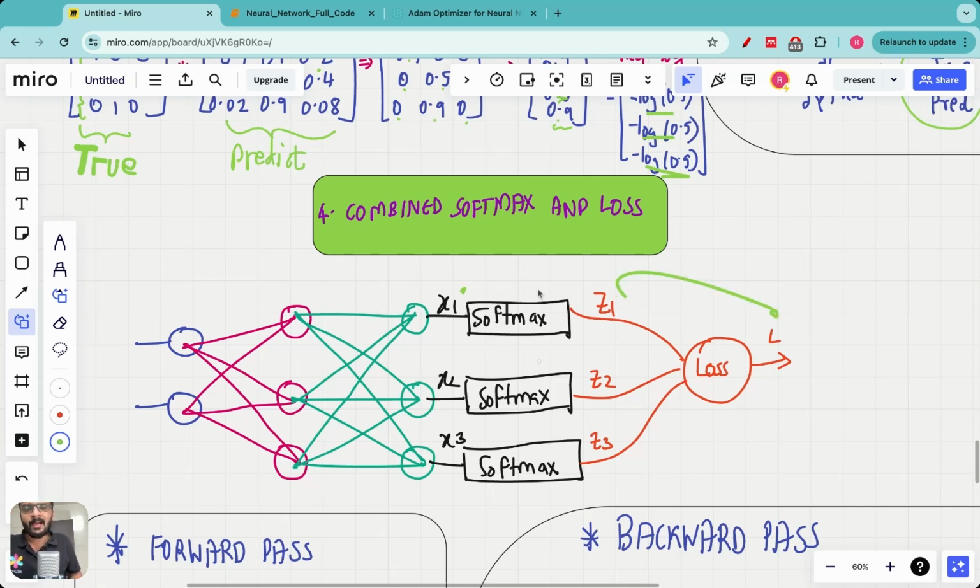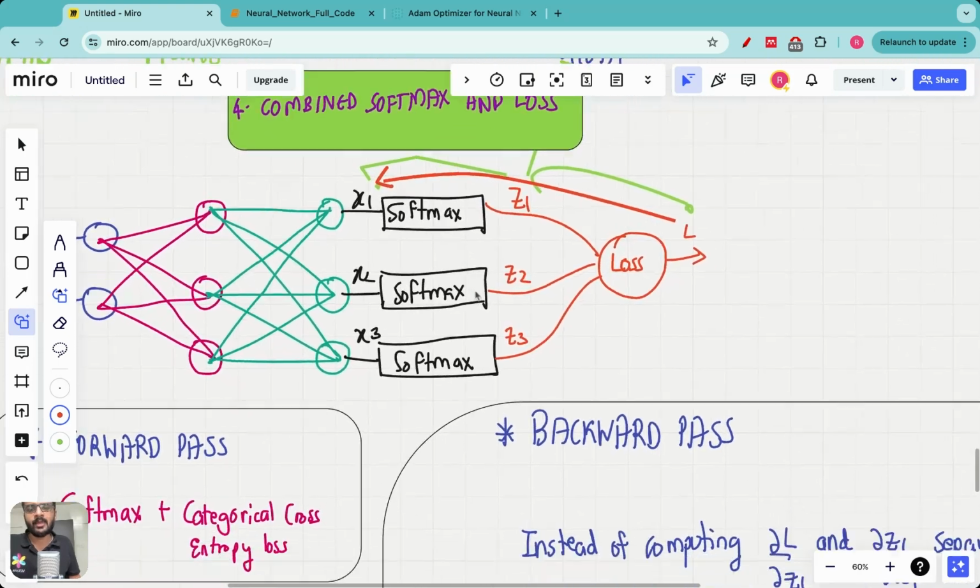If we were to do the backward pass on the softmax separately, we would have found the partial derivative of softmax output with the softmax input. Now what we will be doing is finding in one simple formula the partial derivative of loss directly with x1, which is the softmax input, and I'll show you how we can do that.